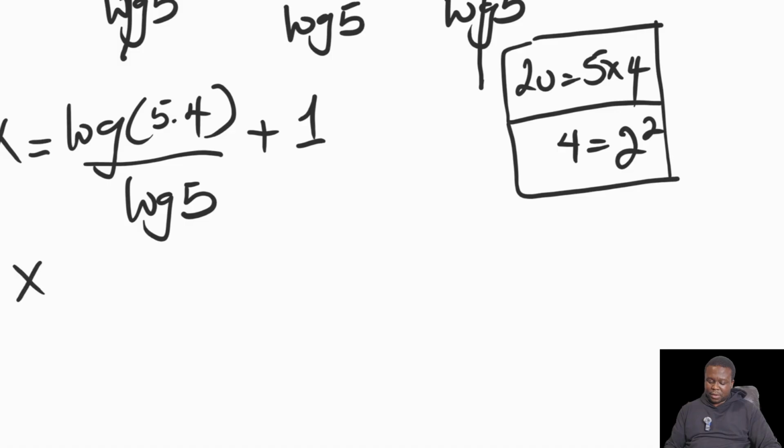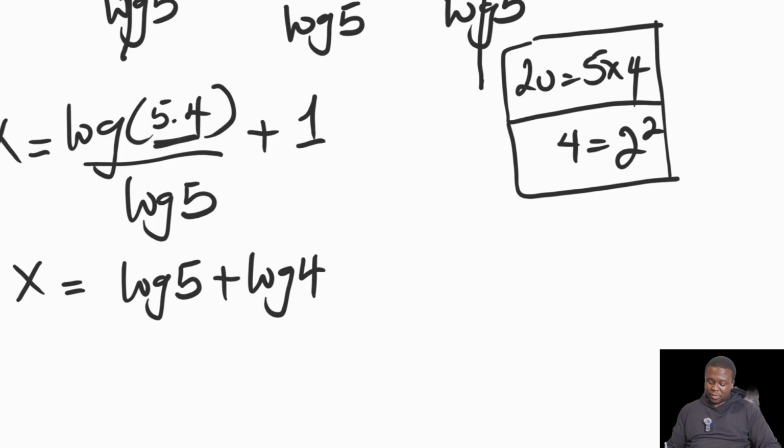Now, we can open this up to become log 5 plus log 4 divided by log 5 plus 1.